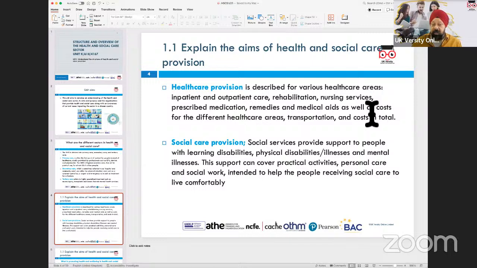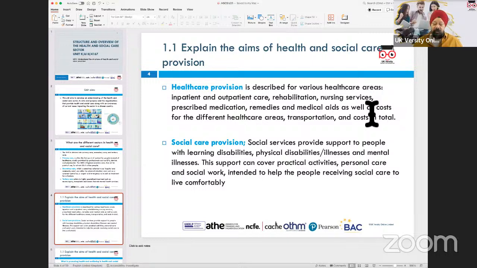So when we look at healthcare provision, and go a bit deeper from primary, secondary, and tertiary care, at what further detailing in terms of services are offered, we will go into details like inpatient care, outpatient care, rehabilitation, nursing services, prescribed medication, and remedies.